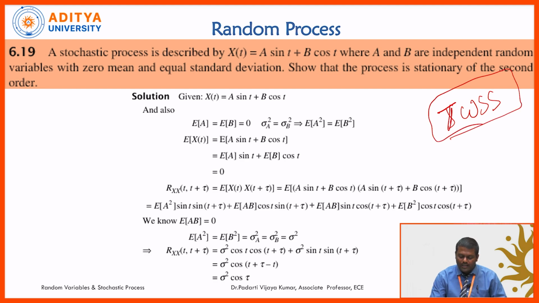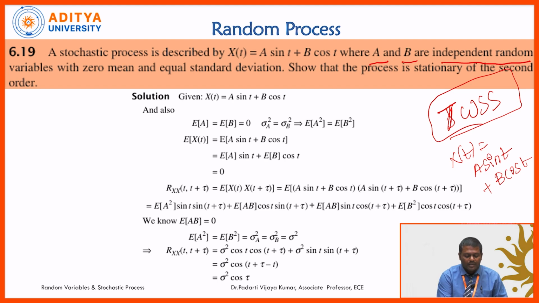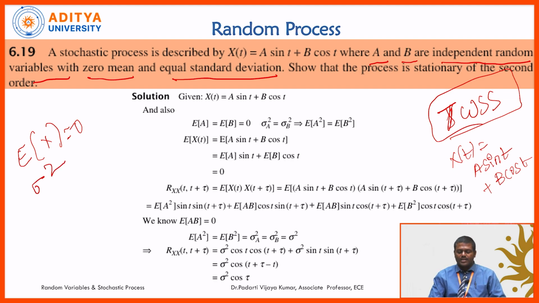Here x of t is a function of two random variables: X of t is equal to A sin t plus B cos t. It is given that A and B are independent random variables with 0 mean and equal standard deviation, let us say some sigma.